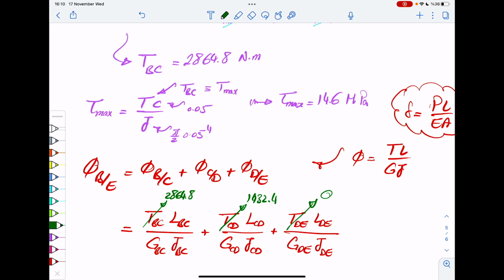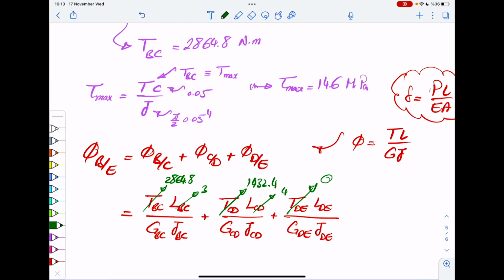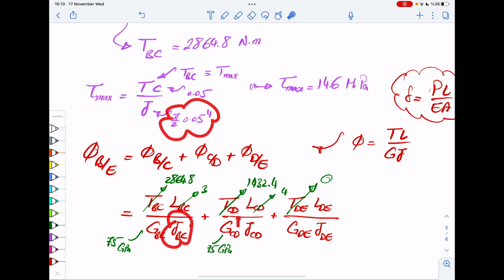The length of BC is 3 meters. For CD, that's 4 meters, so there's a little difference. And G and J, we just have it up there. So this is, again, 75 gigapascal, also 75 gigapascal. And we have the J's here. It's the same J everywhere.